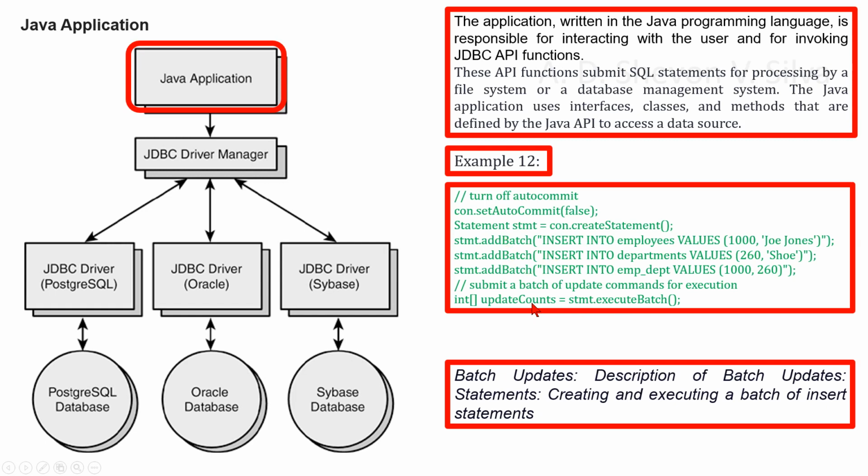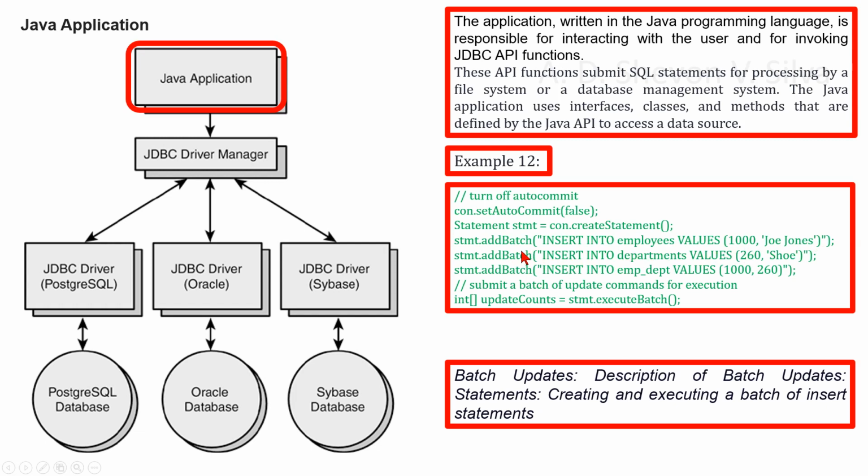When a statement object is created, its associated batch is empty. An application adds a command to the statement batch one at a time by calling the method statement.addBatch and providing it with the SQL statement to be added.